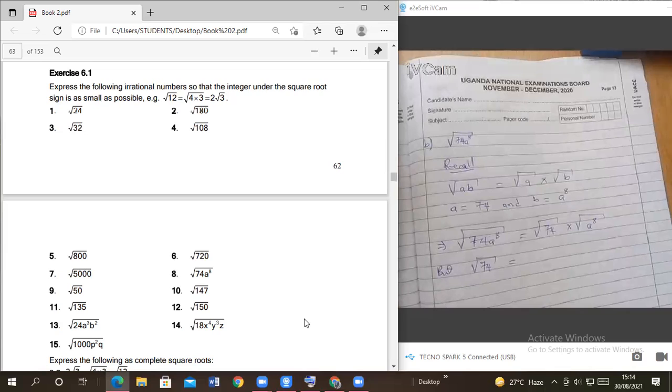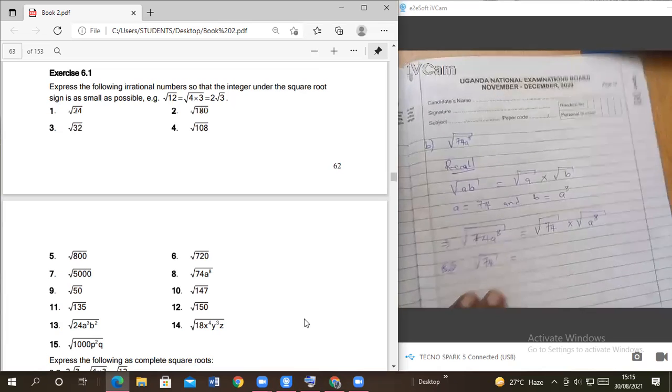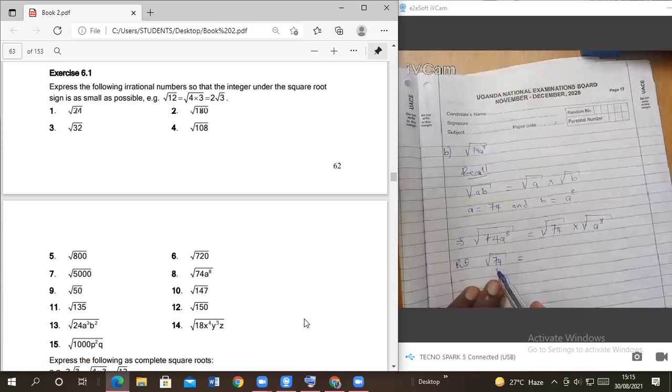2 times 37. But does 37 have a square root? No. So which other one? There's no number that, if we multiply, gives us 74 and one of the numbers has a square root.